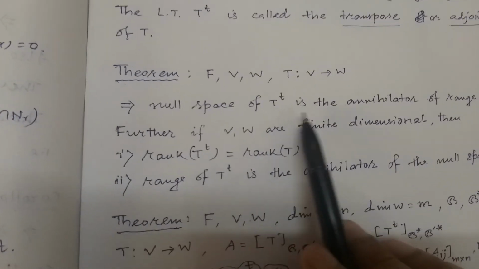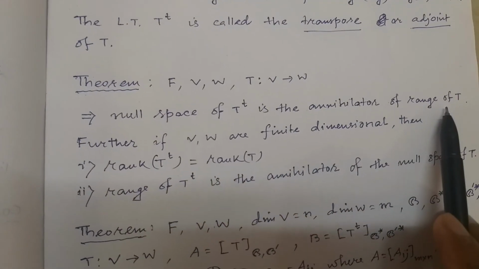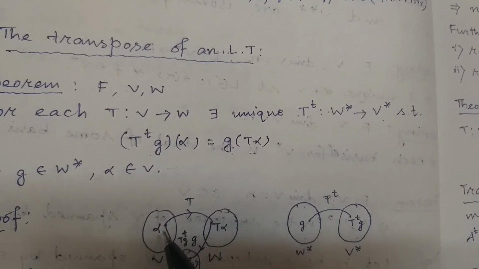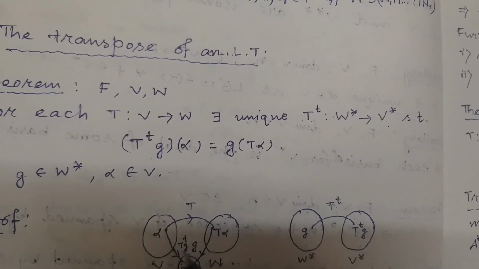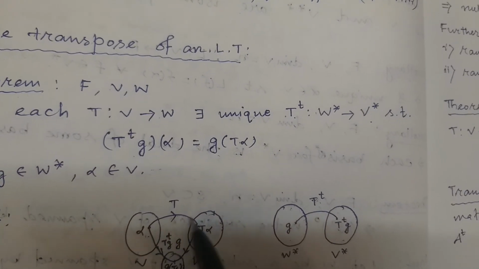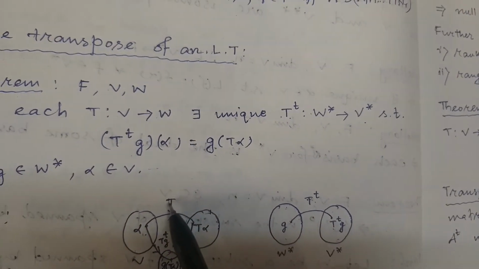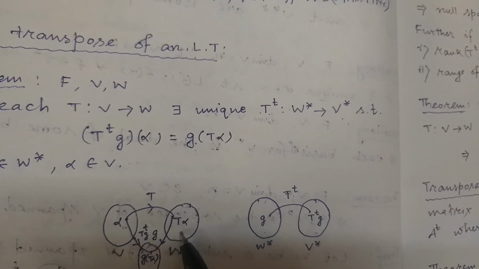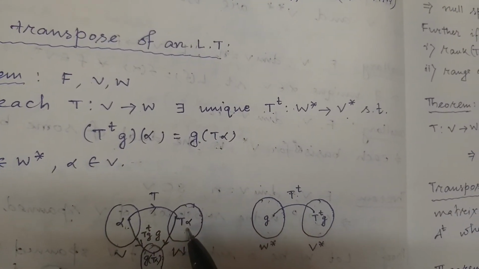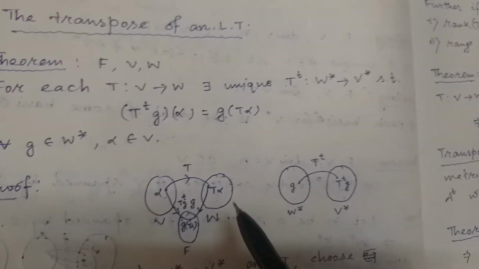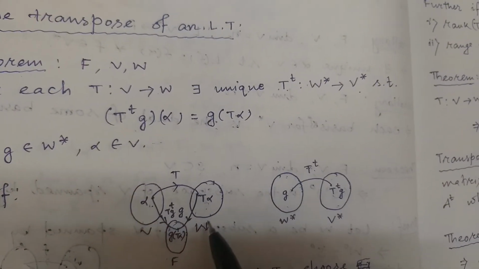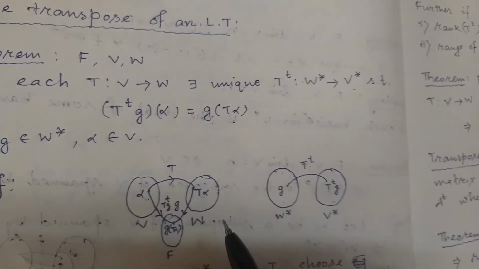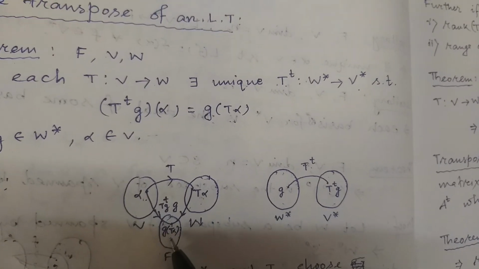This subspace is the annihilator of the range of T. The range of T is a subspace of W, and its annihilator means the collection of functionals which are taken to 0 in F.